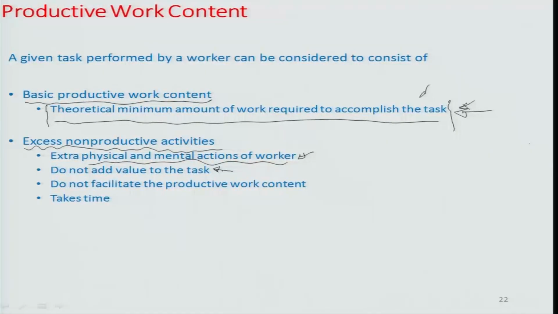So, you have to look at aspects where intuitive, intelligent processes can change the overall task structure, so that the extra physical and mental action of the worker is removed.